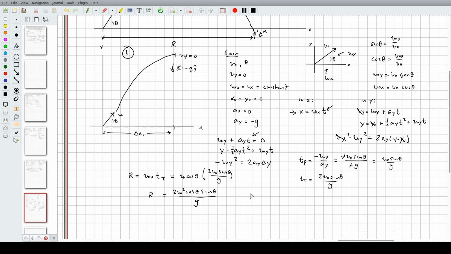There's the double angle theorem, a trig identity that says sine of 2 times theta is what you get when you have 2 sine of theta cosine of theta. And that's exactly what we have here.